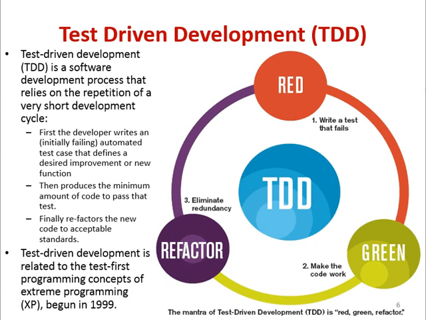The next topic in our slide is test-driven development, which is popularly known as TDD. So what exactly is TDD? It's a software development process, one of the methodologies in Agile, that relies on the repetition of a very short development cycle. So what exactly do you do in TDD? Instead of writing the code first, you write the test first.